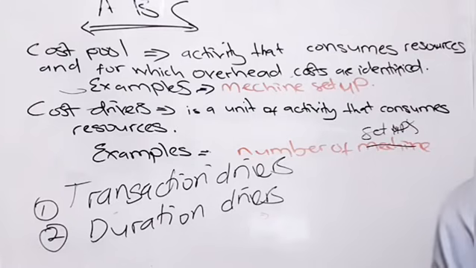Duration drivers, okay? So with that one, the cost of the activity is not much affected by the number of times the action is undertaken, but is affected by the length of time taken to perform an action, okay?